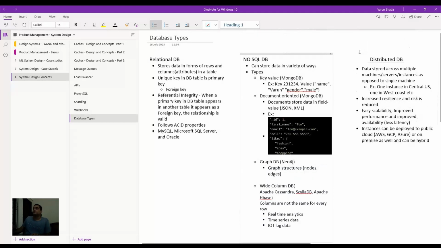Now, coming to distributed data. Distributed data basically came into existence because your business use case might be that you don't want to rely only on a central location for your data, because it increases the risk when there is a central database failure.